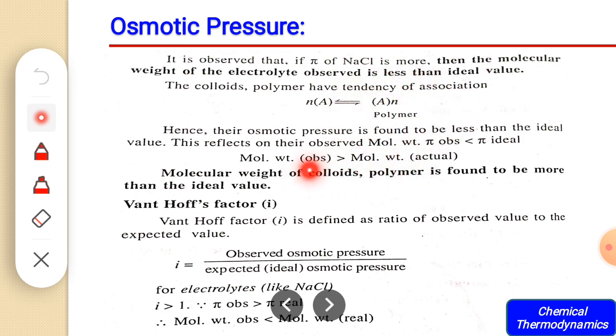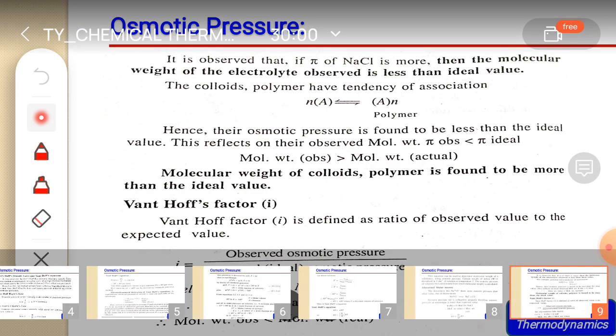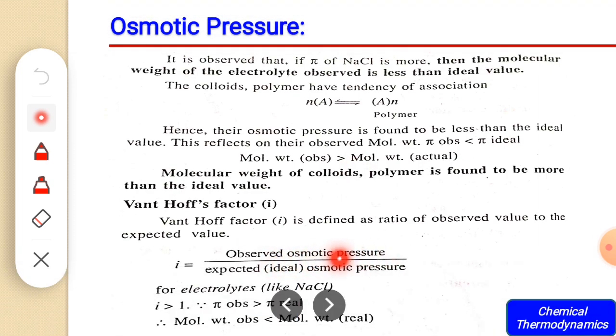Therefore the observed osmotic pressure is found to be less than the ideal value, and therefore the observed molecular weight is going to be greater than the actual molecular weight. Therefore the molecular weight of colloids and polymers is always found to be more than the ideal value, and the ratio of the observed colligative property to the expected or ideal colligative property is known as the van't Hoff factor.